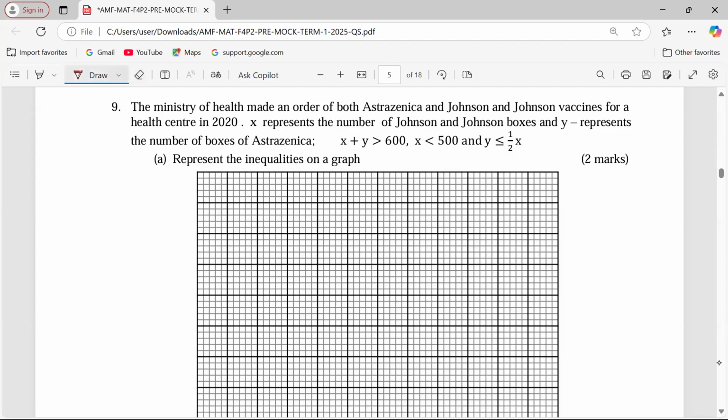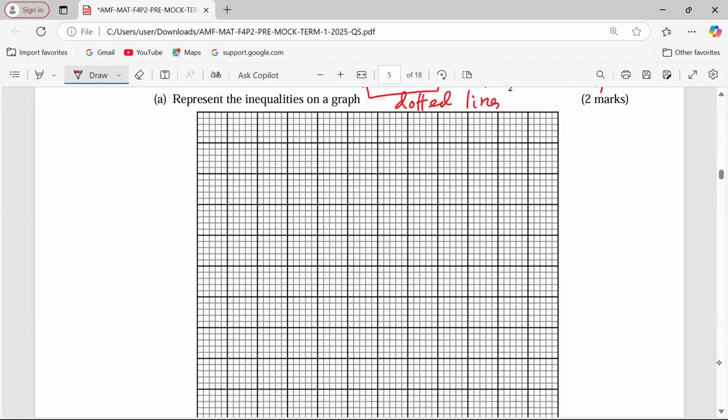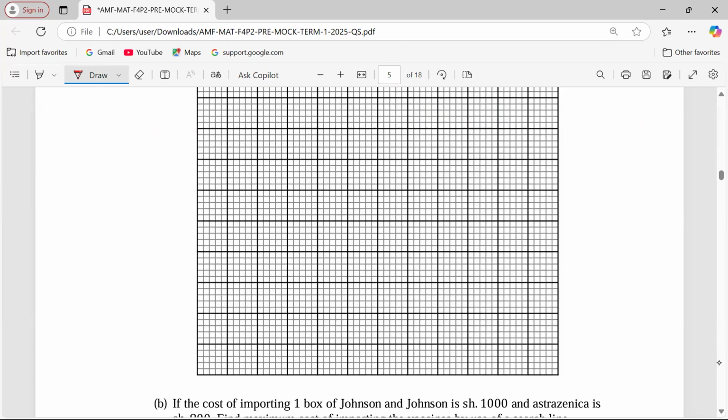So for the last one, we use a complete borderline. But for these two, we'll use dotted lines to represent the inequality. Those are the basic information that we should be having as we handle these topics.